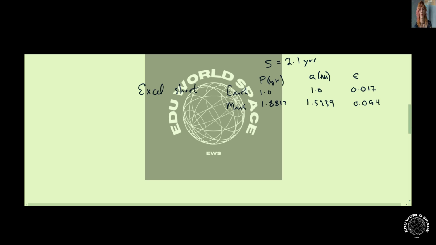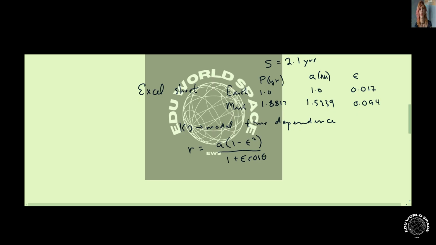And I won't get into the details of modeling the time dependence, but I did use Kepler's second law to model time dependence. And I also use the orbit formula, the conic section. r is equal to a times 1 minus epsilon squared over 1 plus epsilon cosine of theta.